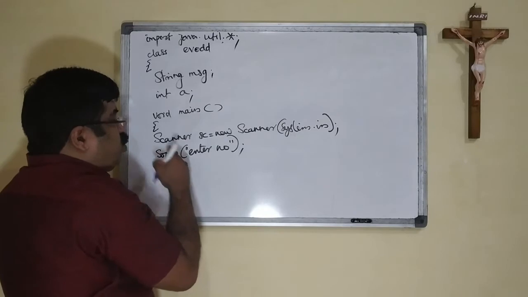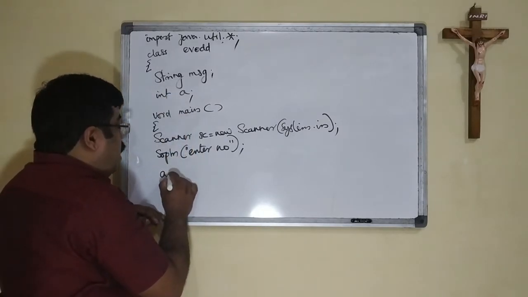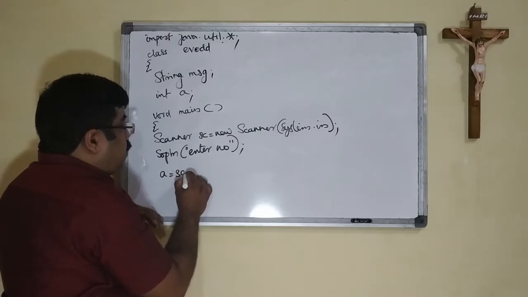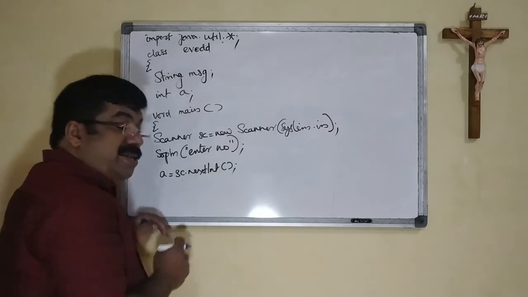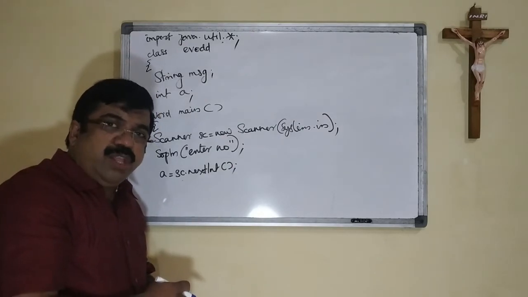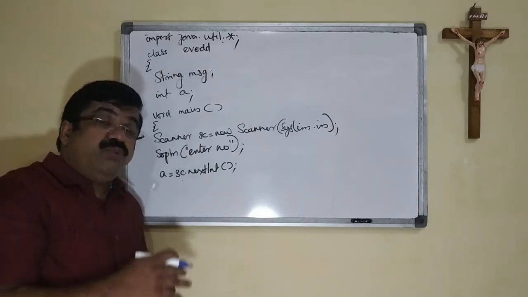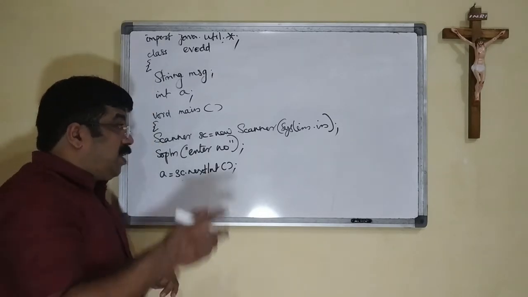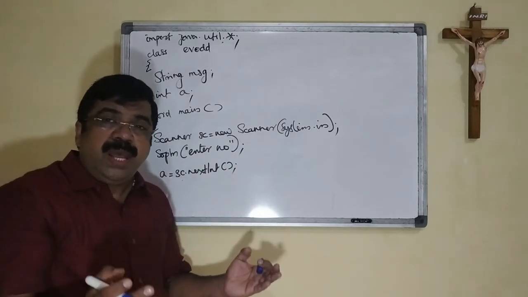This number is asked for, and we are giving A is equal to sc.nextInt, inputting the value from the keyboard. Now what do we have to do? We have to check whether A is even or odd.